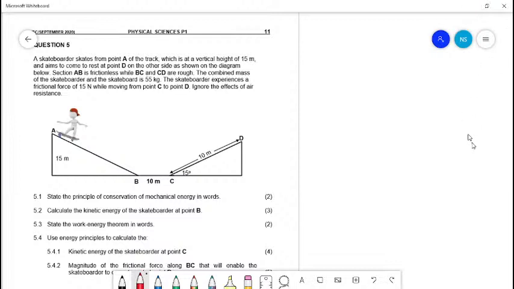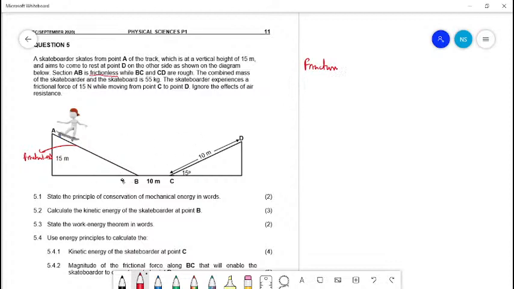We're going to do the very same thing that we did with question 2 that we just answered. We're going to identify important points that were given, right? In work, energy, and power, when we are told that a certain section is frictionless, okay, AB is frictionless, so there's no friction.